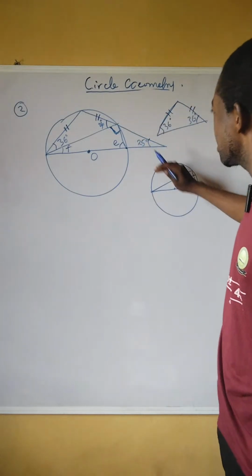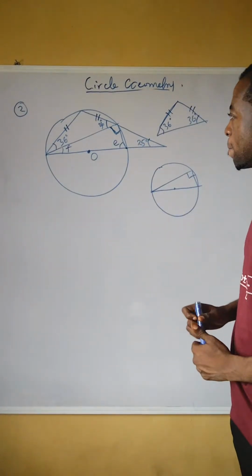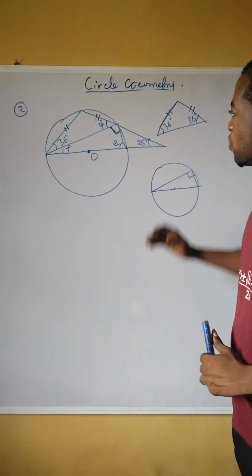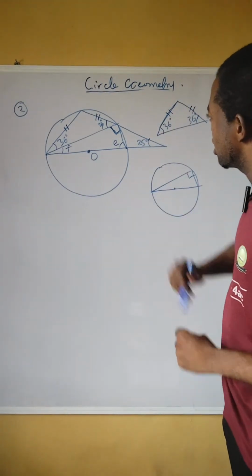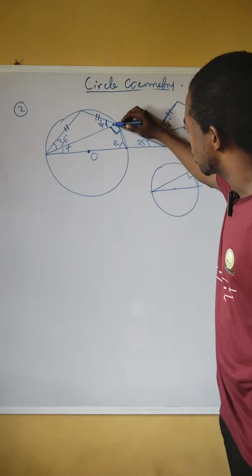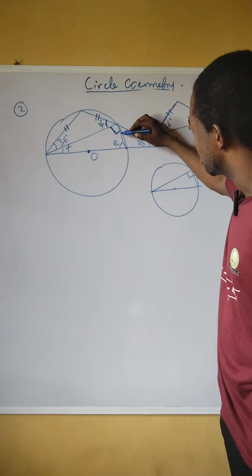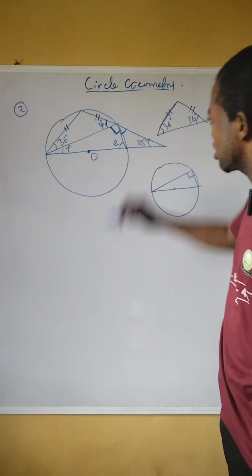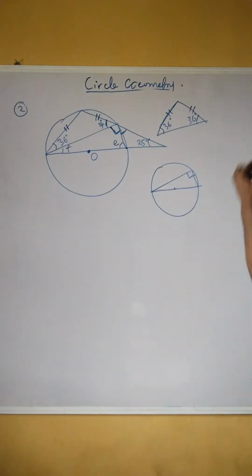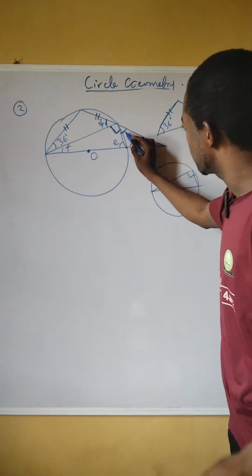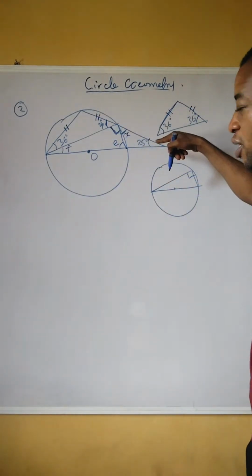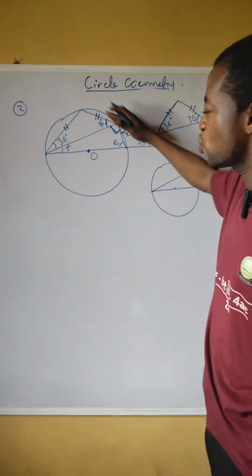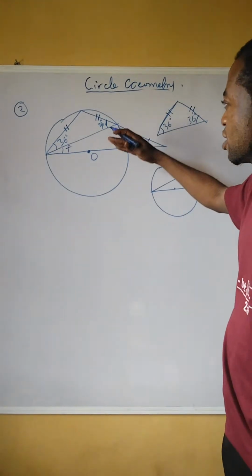But something interesting happened here. We have this line as a straight line, and 36 lies on the straight line, 90 lies on the straight line, and this angle too lies on the straight line. So let's label this angle as x. The three angles on a straight line must add up to 180 degrees.